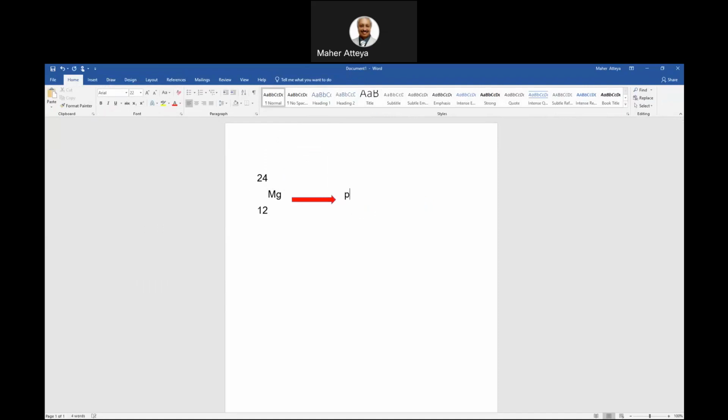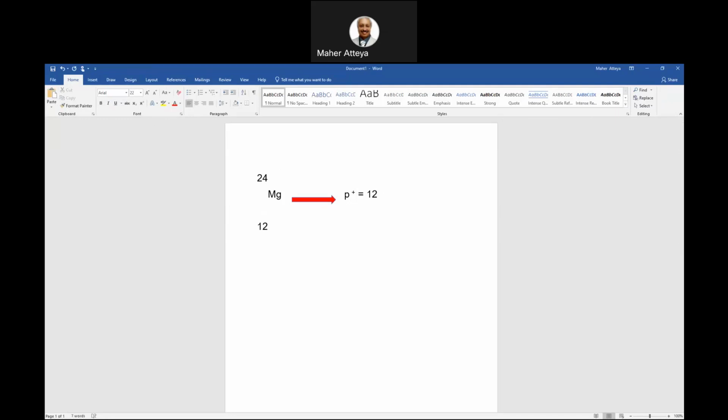Protons, P plus. How many protons does magnesium have? 12, okay. That's correct.